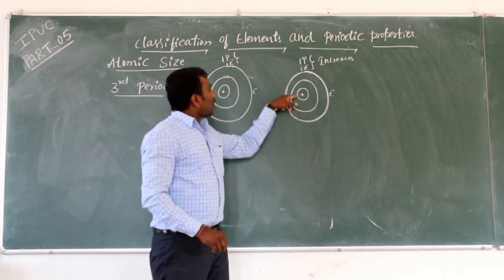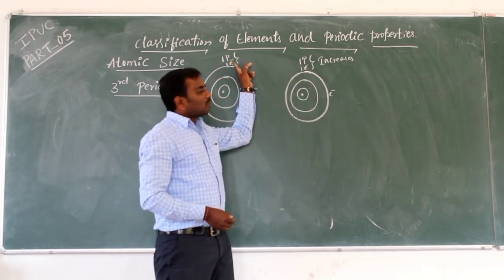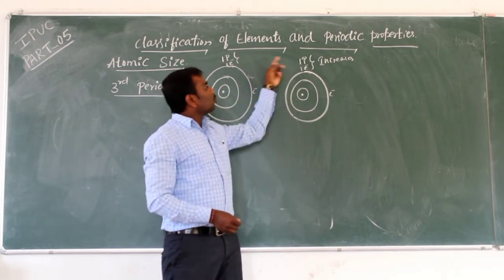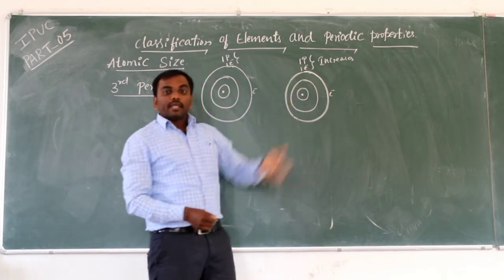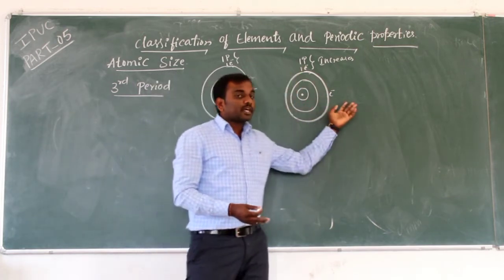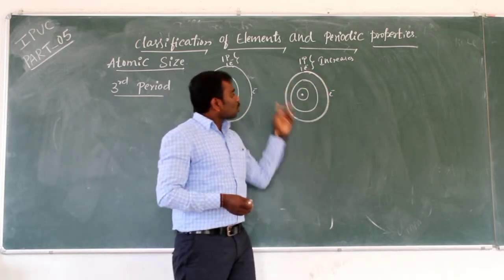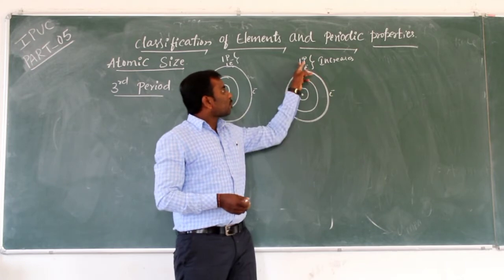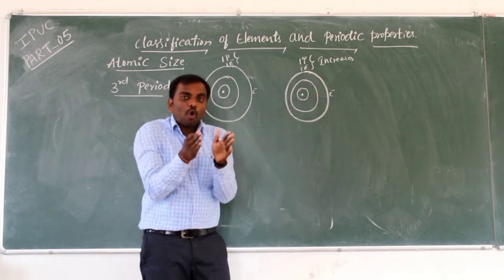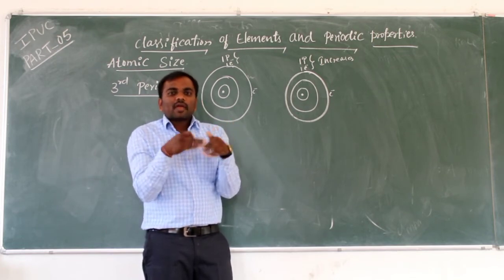As we keep comparing, here there is one proton and one electron, and again one proton and one electron are added. So what happens? The effective nuclear charge increases. The electrons are in the outermost shell, and since protons are also added, the force of attraction is more, right? Positive means protons, and electrons are added as well.